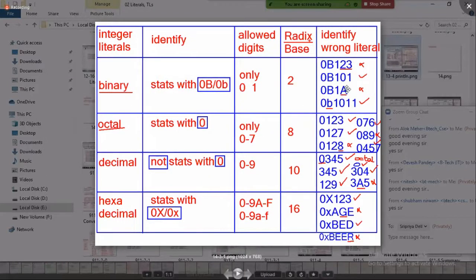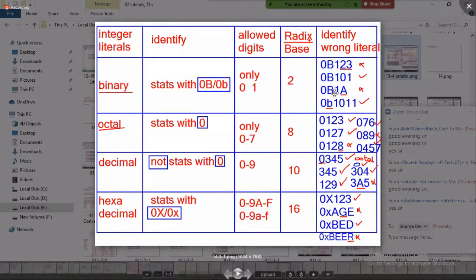Now I'm giving you some digits, right or wrong? 0b123 is wrong because 0b starts a binary, and the digits 2 and 3 are not allowed. 0b101 allowed. 0b1a, in a binary number only 1 and 0 are allowed, A is not allowed. 0b1011 allowed.